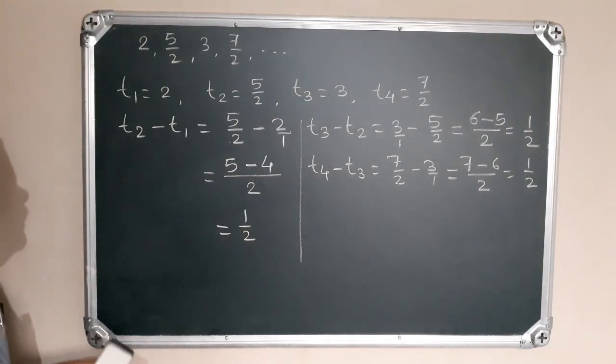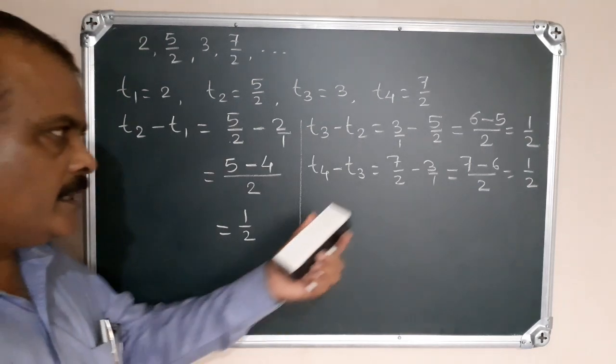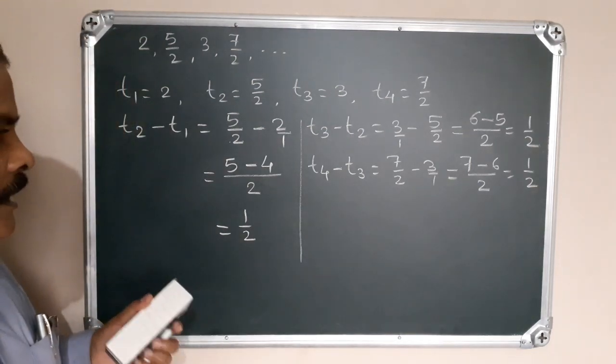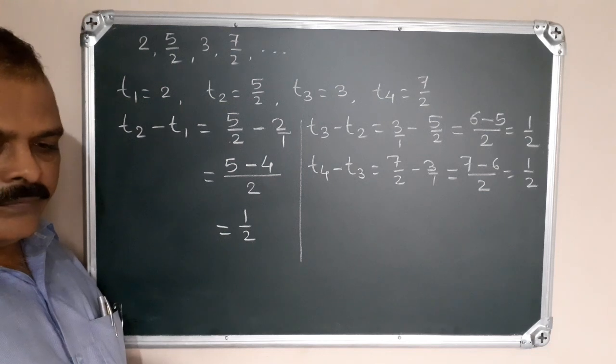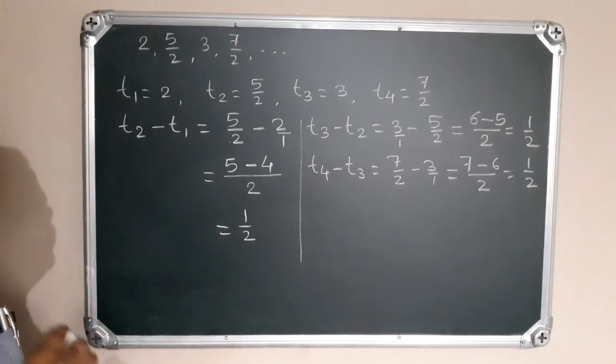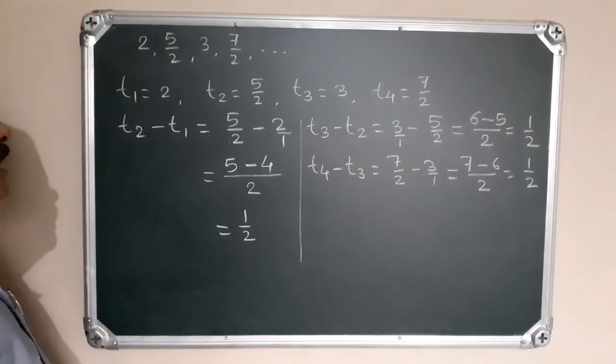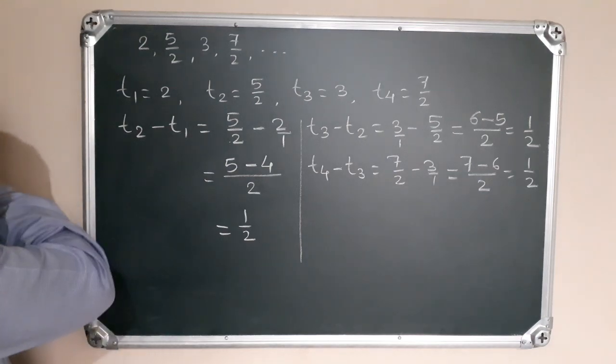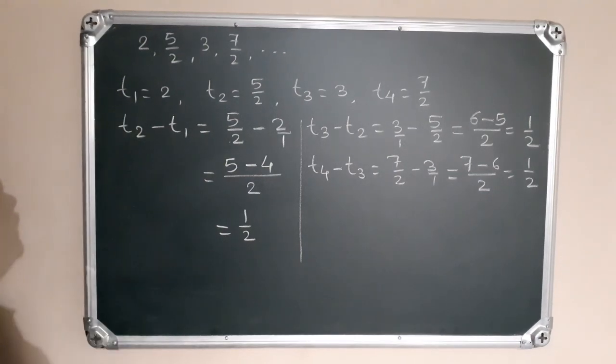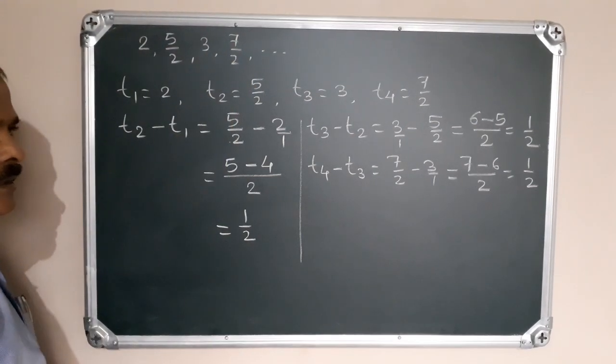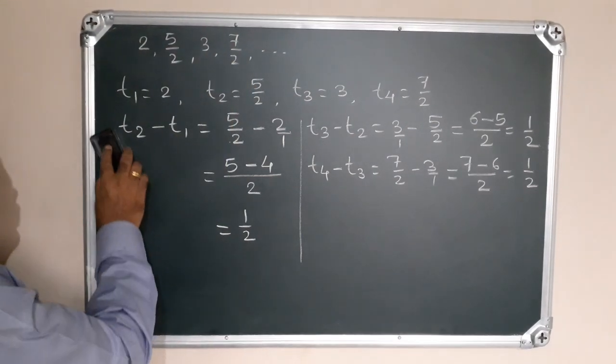So the difference between any two consecutive terms is constant, that is half. If the difference between any two consecutive terms of the sequence is constant, then that sequence is an AP. Therefore, this sequence is an AP.